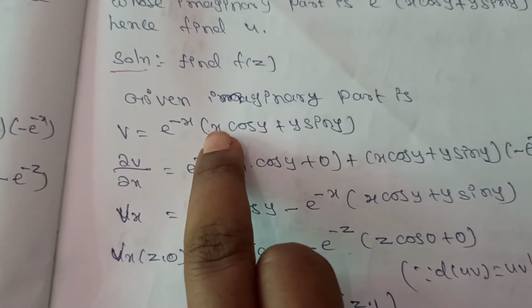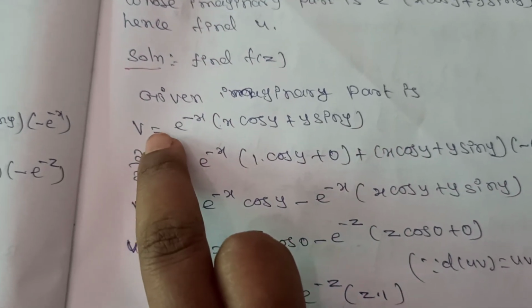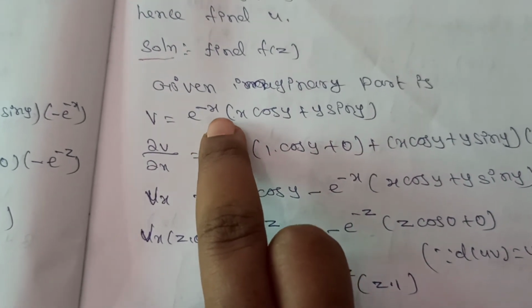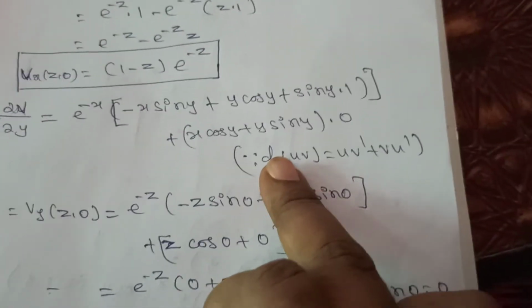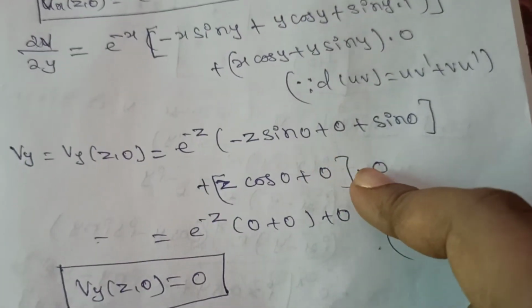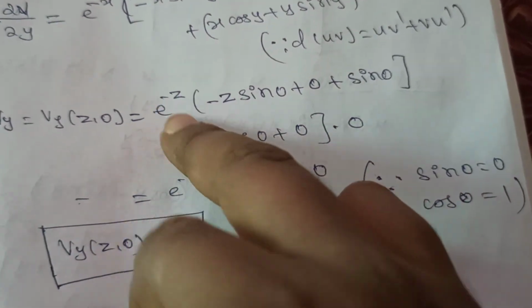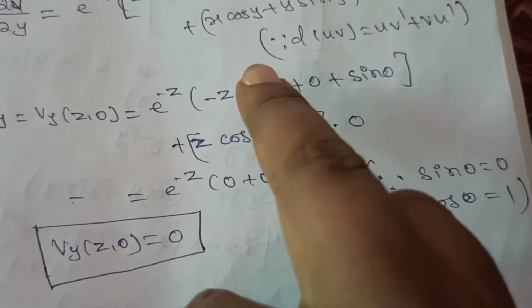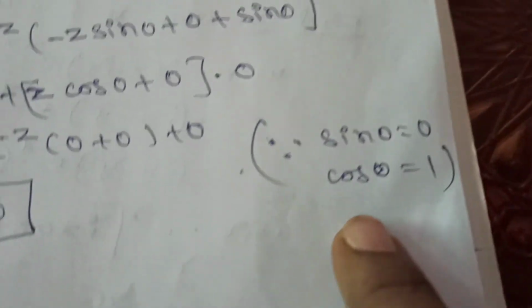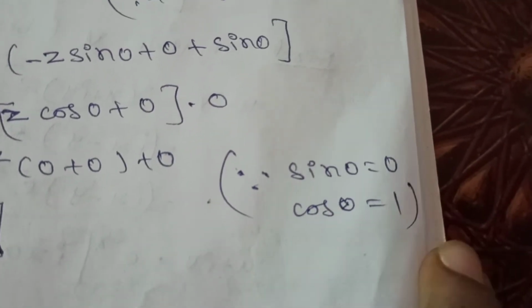Why do we write the 0? Because we are differentiating with respect to y, keeping x constant, so the differentiation of x is 0. Now simplify this value: e power minus that into sin 0. You know sin 0 value is 0 and cos 0 value is 1.